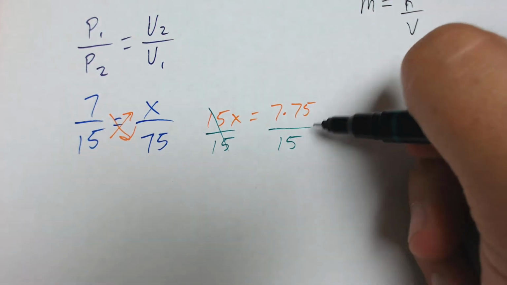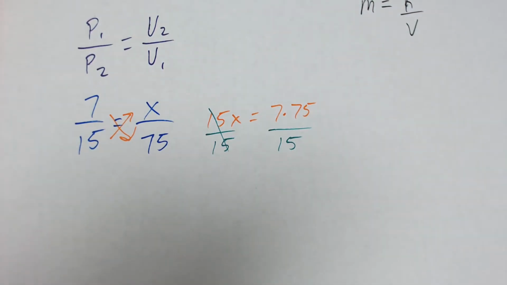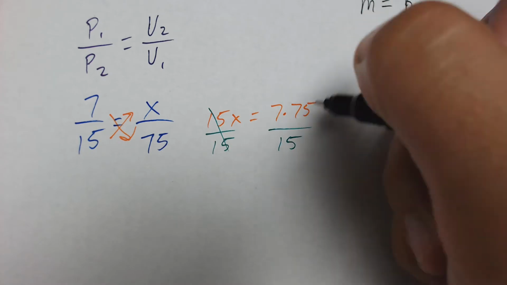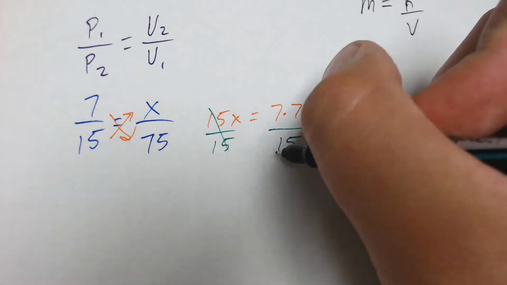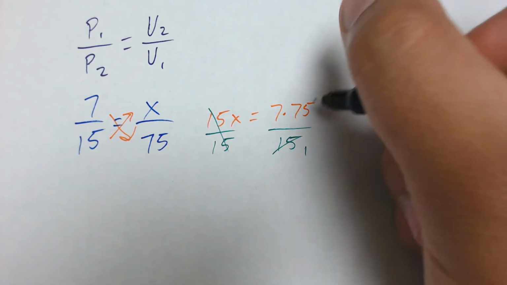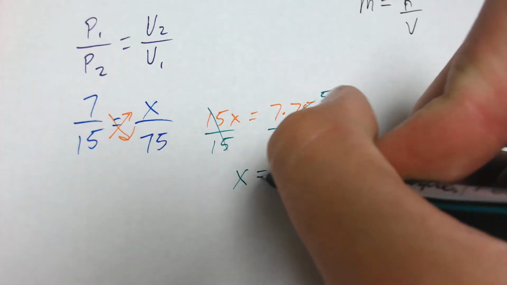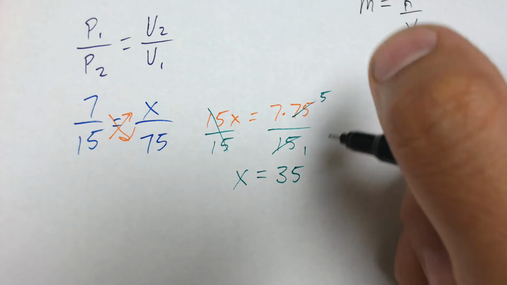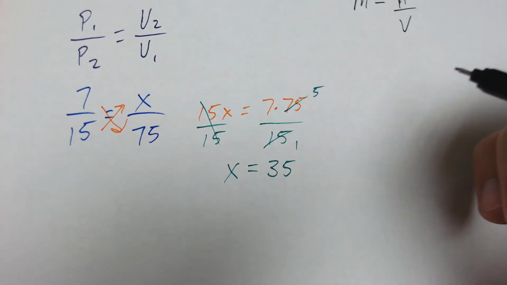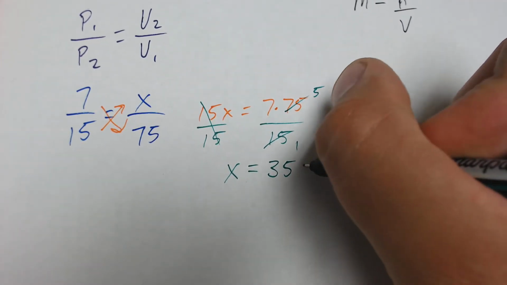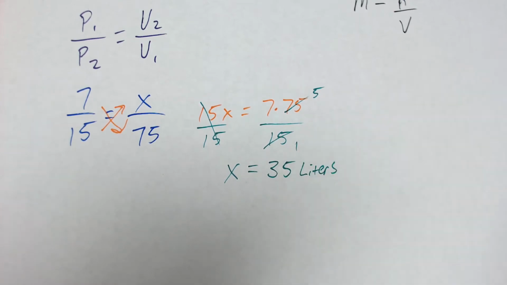I know that 15 will go into 75 5 times, or if you didn't see that, you could also divide by 5. But I know that it goes in 5 times, so that's going to be 1, that's going to be 5. 7 times 5 is 35, so x is going to equal 35. Since the problem is asking for volume and volumes are in liters, the answer would be 35 liters. All right. So that's inverse variation using proportion.